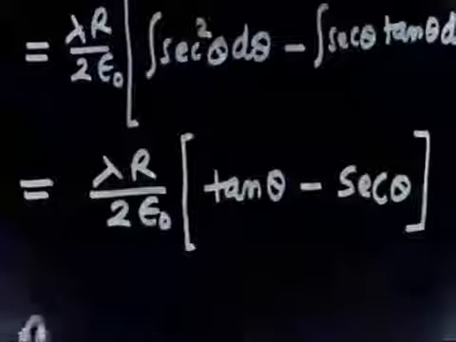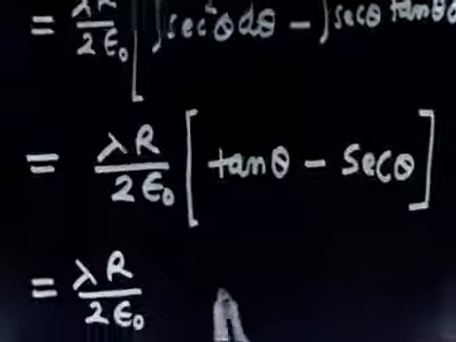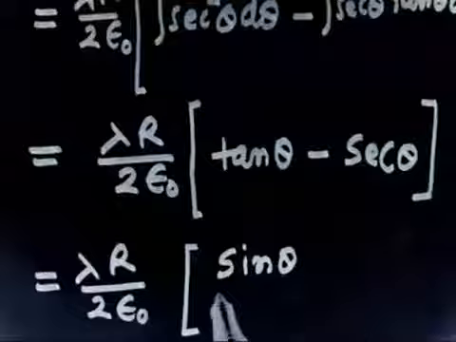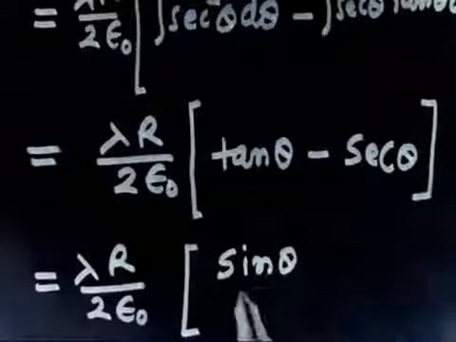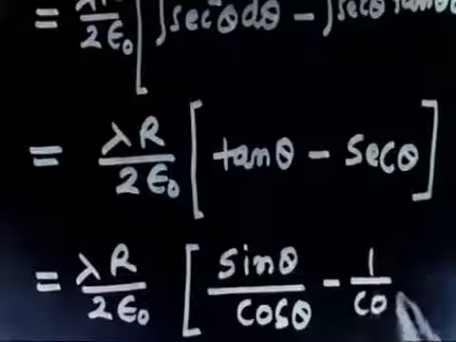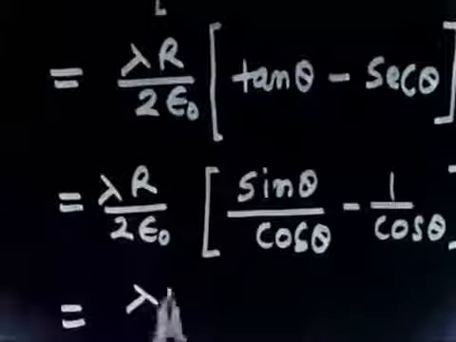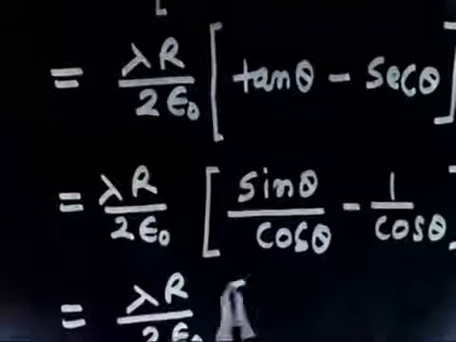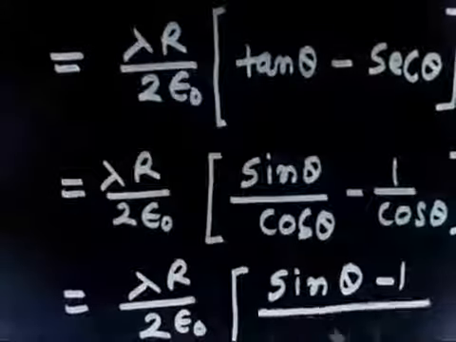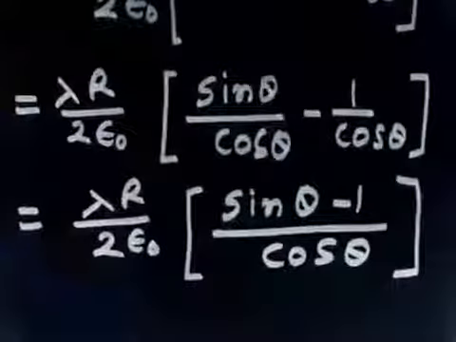So if you want to write, you can write lambda r by 2 epsilon naught, sin theta by cos theta minus 1 by cos theta. So this is simply lambda r by 2 epsilon naught, sin theta minus 1 over cos theta. I think all of you are able to see this one.